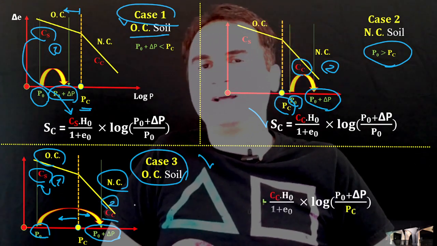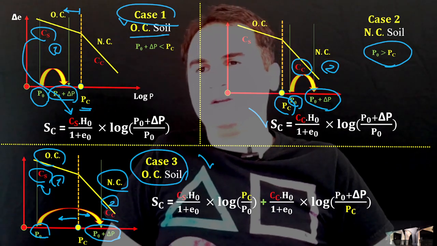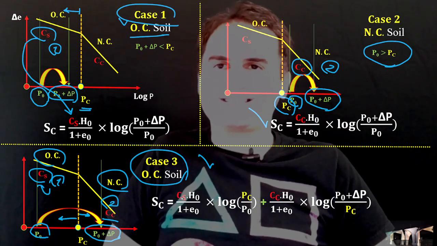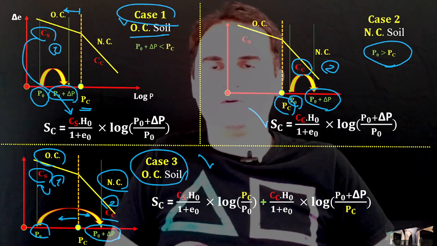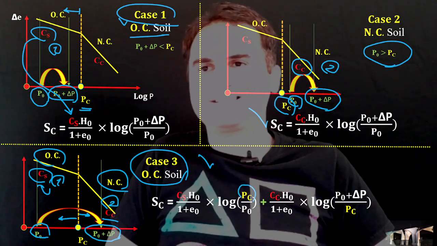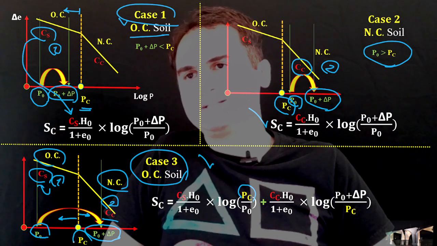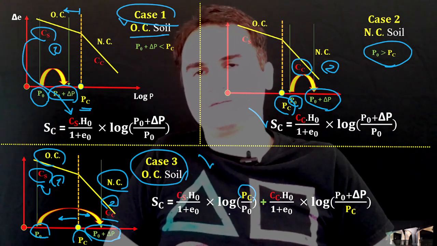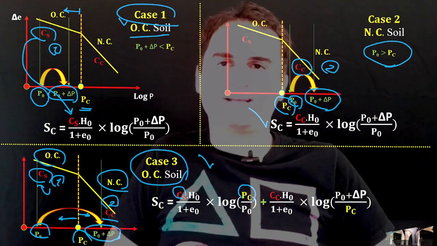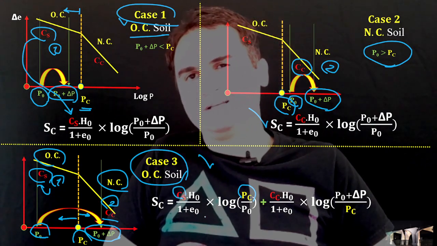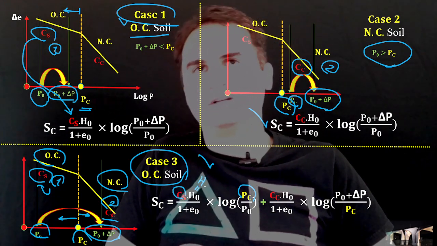So let's see how that goes. We have CS for the first part, where we are in the first region, and our limit is PC: log of PC over P naught, times CS times H naught over 1 plus e naught, and H naught is just the height of the layer.